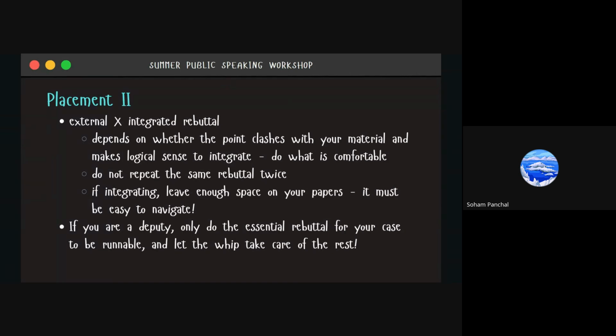So that's how you integrate your rebuttals in your speech. It should make logical sense. If you're talking about topic A, and the rebuttal is about topic A, then you mention it there, and do not jump around the topics. So that's what I meant, if this example was good enough.